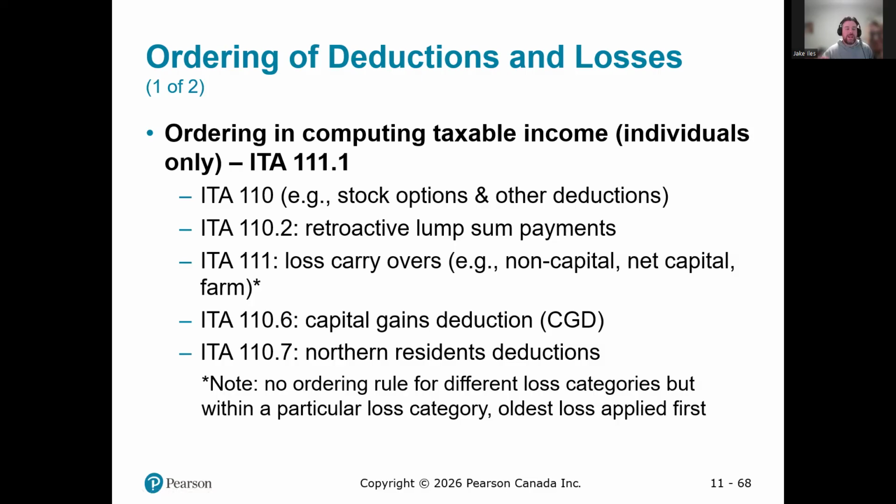So if we have a year where we have some taxable capital gains, we would opt to use that net capital loss carryover first because it's restricted, it's streamed. Since that's the only time we can use it, we would likely want to use it up while we have the opportunity. So if we have net capital losses, we would generally want to use those before our non-capital.